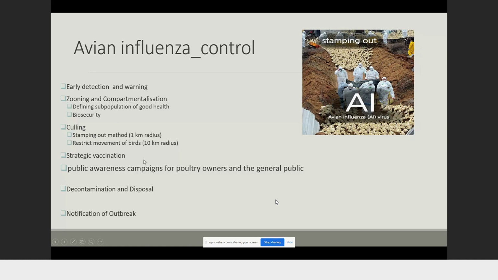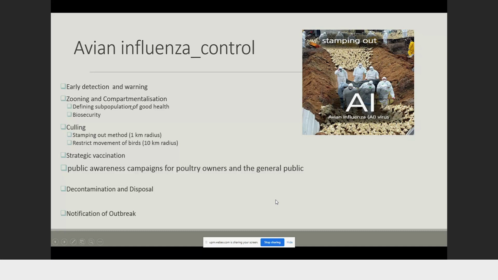You want to know which kind of virus you are dealing with, what subtype, and if it is H5, whether it is highly pathogenic or low pathogenic. This is crucially important.